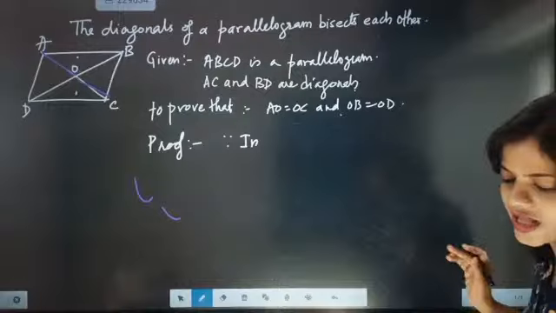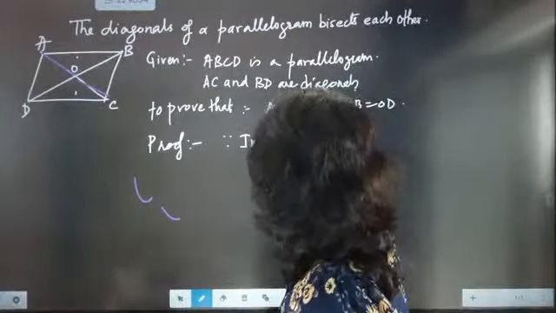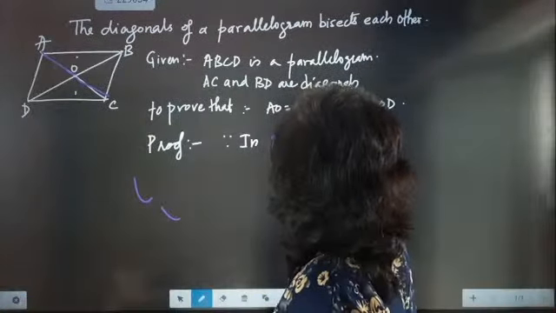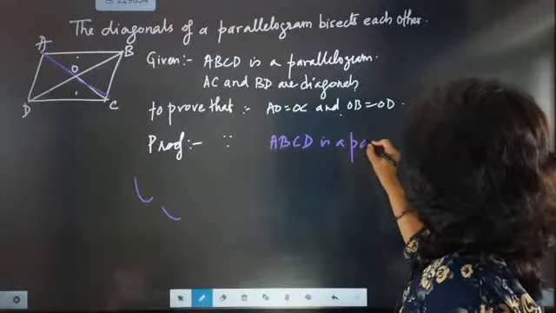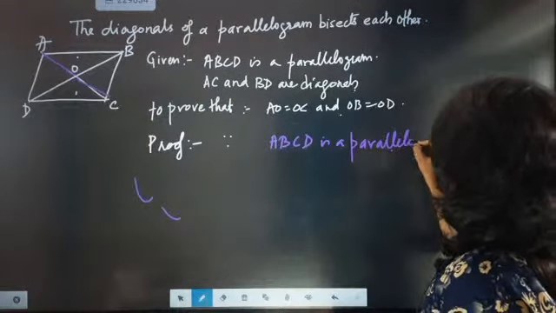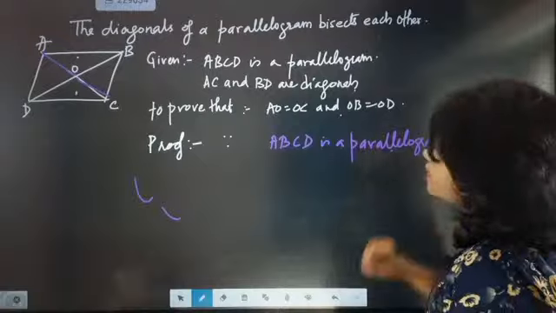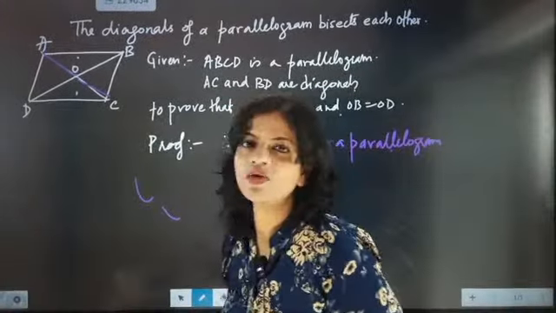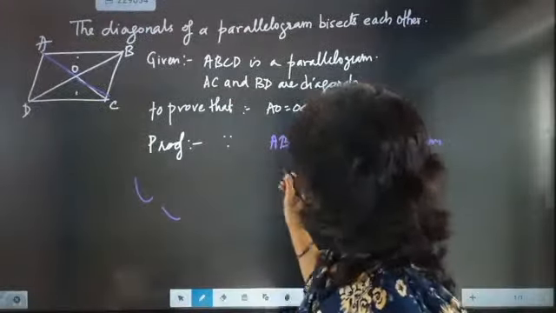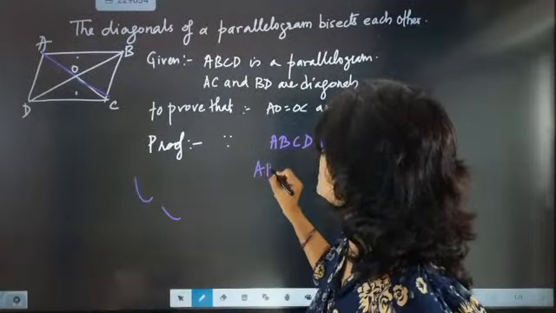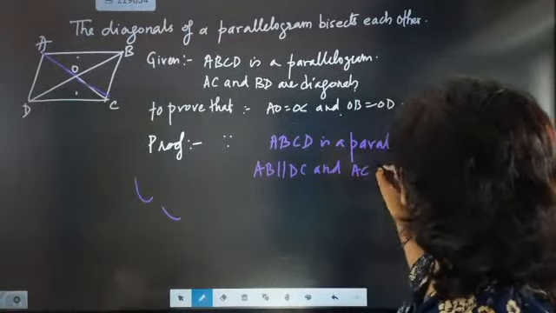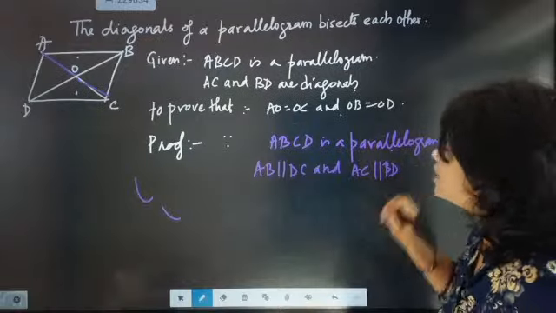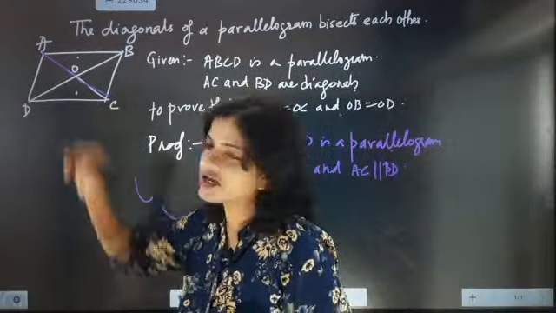In the proof section, just start with: ABCD is a parallelogram. After that, AB will be parallel to DC and AC will be parallel to BD, so opposite sides are parallel.